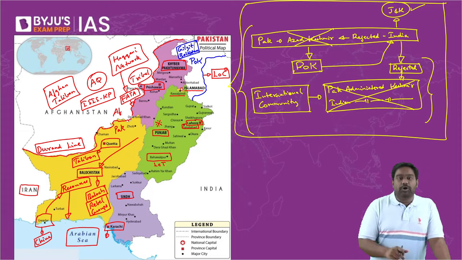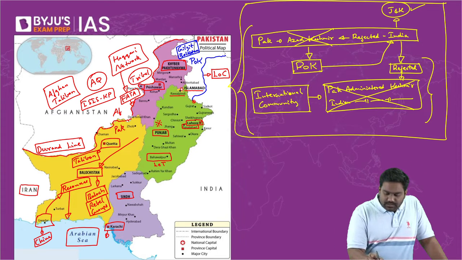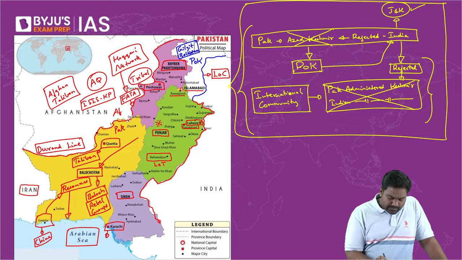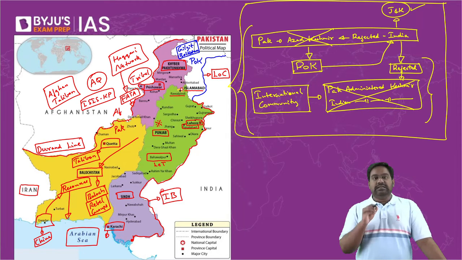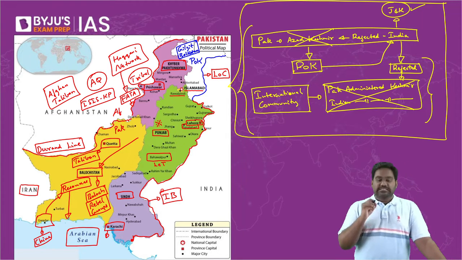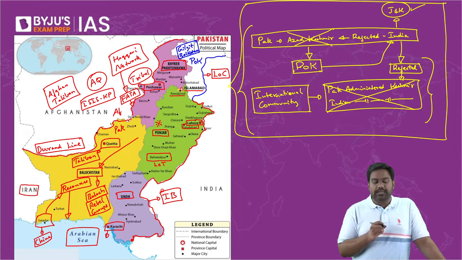The rest of the border that you see here, this whole stretch from the lower parts of Jammu to Punjab, Rajasthan, all the way till Gujarat, till this point, this is called the IB, the international border. This is a permanent settled border between India and Pakistan.